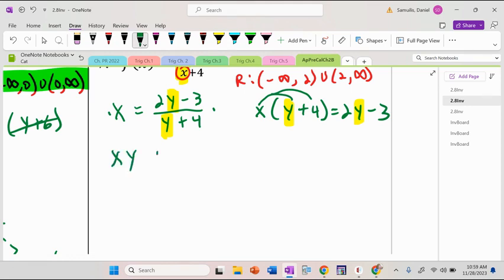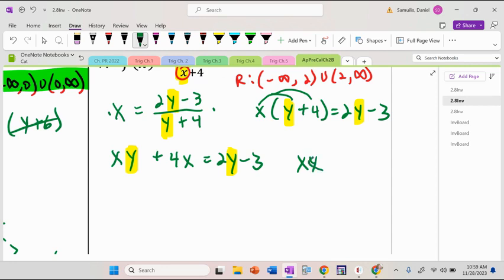And then this is 2y minus 3. And then highlight the problem again. Wait a minute. I still have y's on both sides. This is an issue, way different than number 6. There's a simple fix. Subtract 2y. I'll write it below.